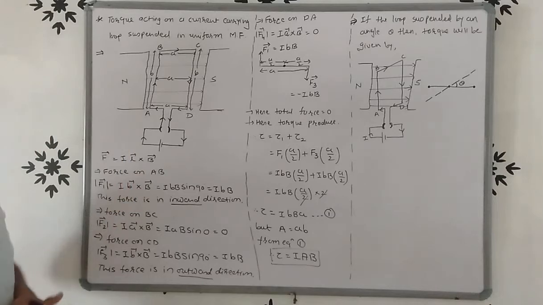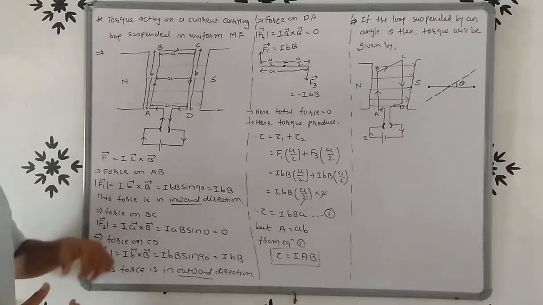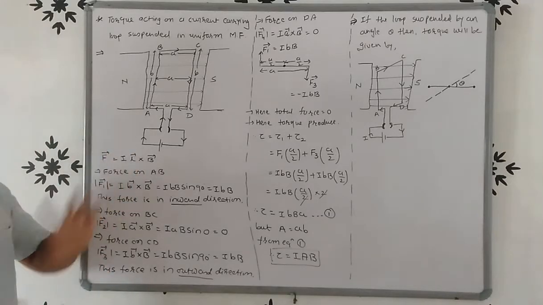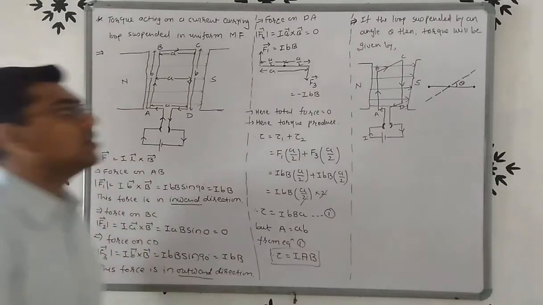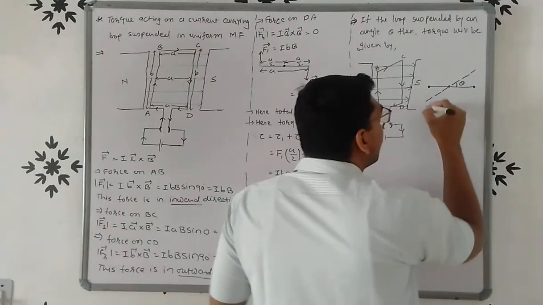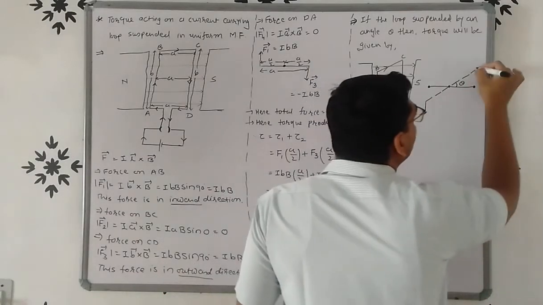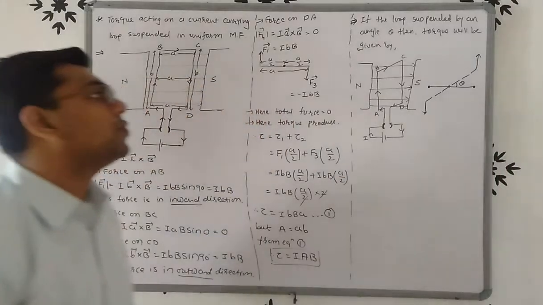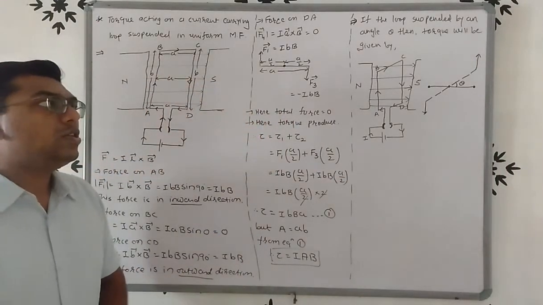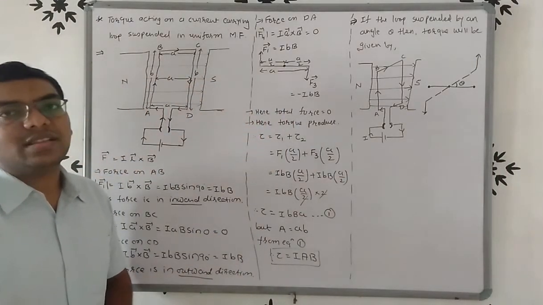Here the directions of forces F1 and F3 are opposite, same as we discussed earlier. The magnitude is the same, but the direction is opposite, so once again torque will be there.